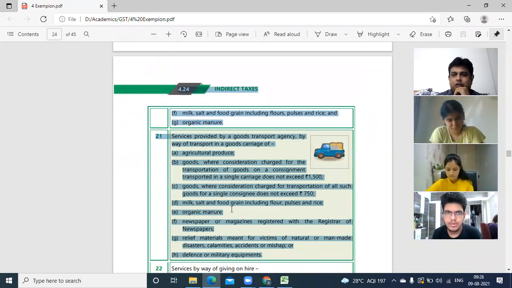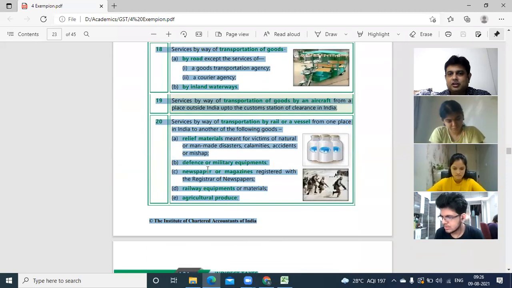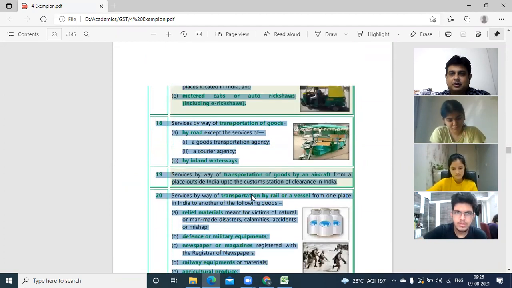Milk, salt, if we have. Under section 11, subsection 21. So I have taken this type of question. Relief material you must have seen. Defense or military equipment you must have seen. Yes or no? So these all are exempted. Even railway equipment exempted.